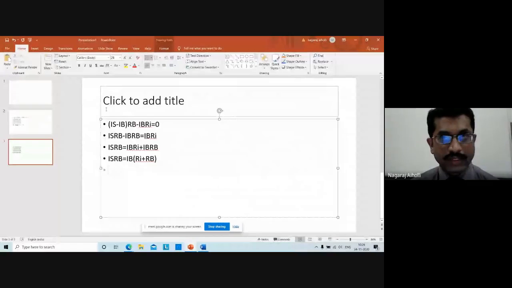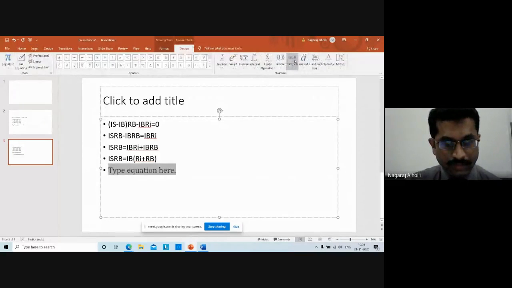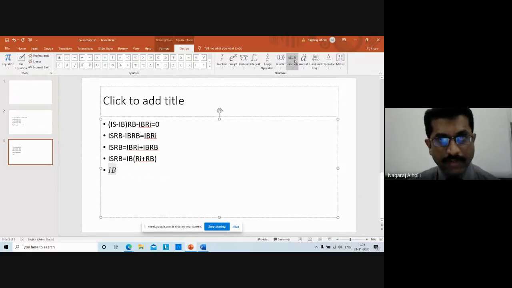IB divided by IS will be equal to, just rearrange the terms. IS will come to the RHS, to the denominator.